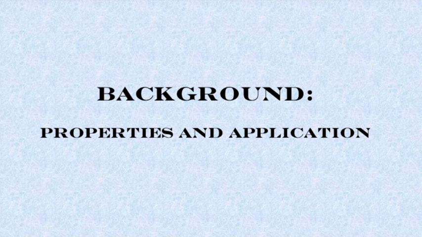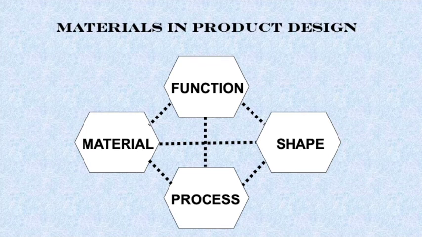So just to start off with a bit of background into properties, you have seen this diagram in the first brief that you had. Bearing in mind that you as designers are making products, you want your products to function, to serve a specific need.